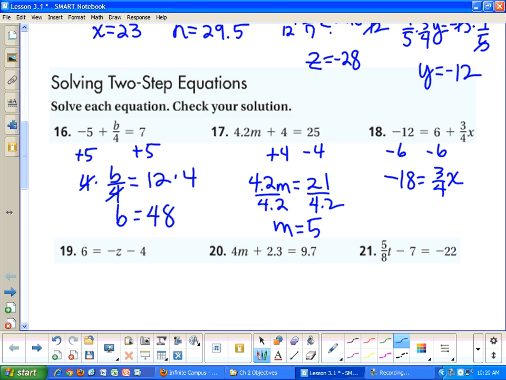Then we can multiply both sides by the reciprocal, which is 4/3. And we get negative 18 divided by 3 is negative 6. So we get negative 24 equals 3/4 times 4/3 is equal to 1x.